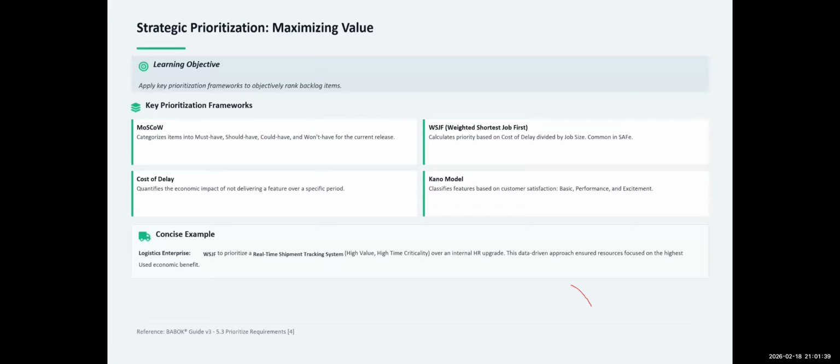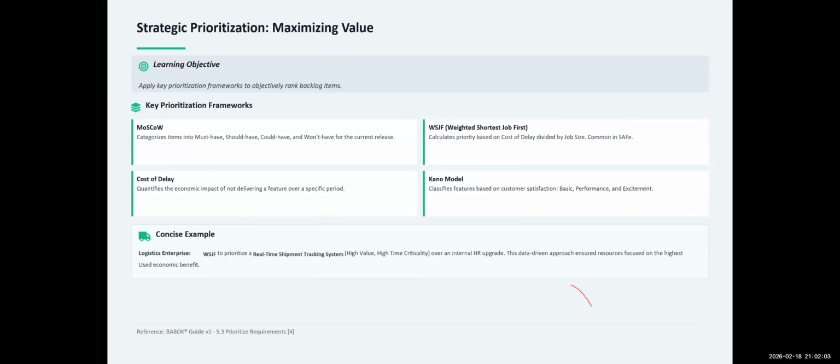Let's say cost of delay is $10 million, but the job size is small, right? Then you have another item where the cost of delay is the same, but the job size, that is the effort required to deliver that job, is much larger.